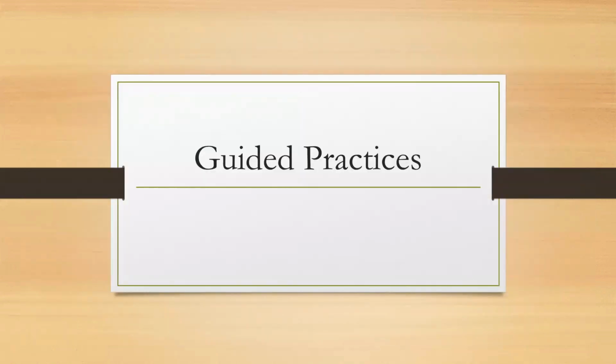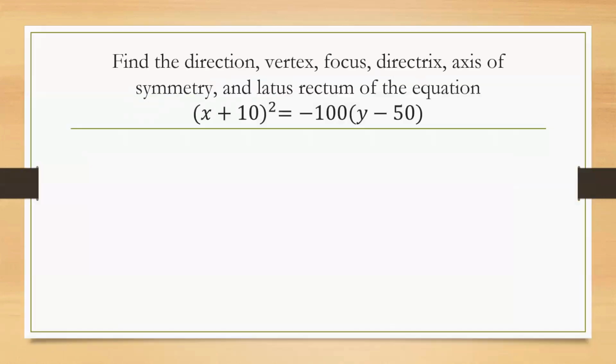Let's begin with our guided practices. First, find the direction, vertex, focus, directrix, axis of symmetry, and latus rectum of the equation (x + 10) squared equals negative 100 (y minus 50).